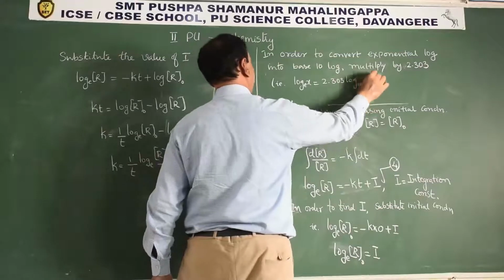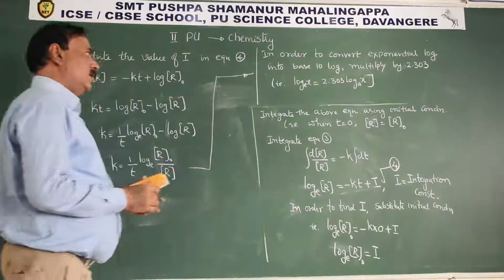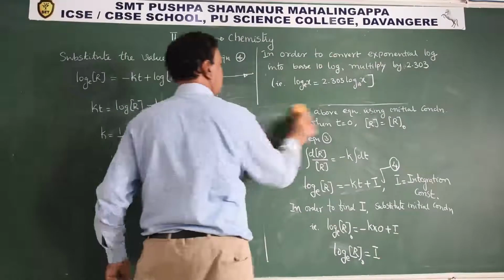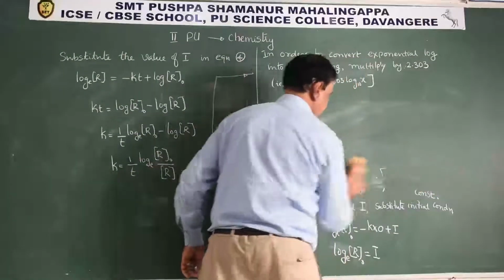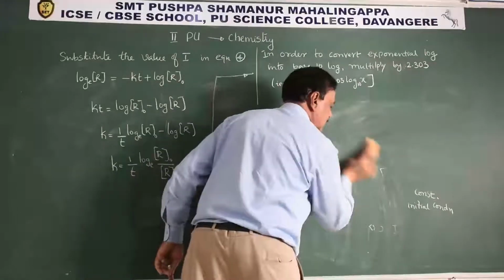This is the formula: log base e x is equal to 2.303 into log base 10 x.